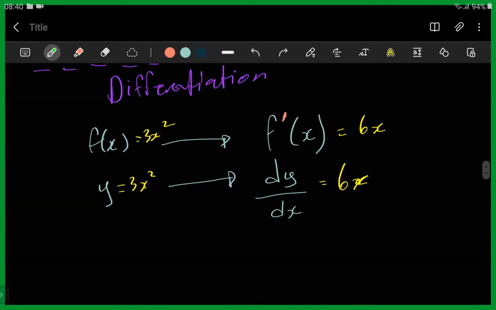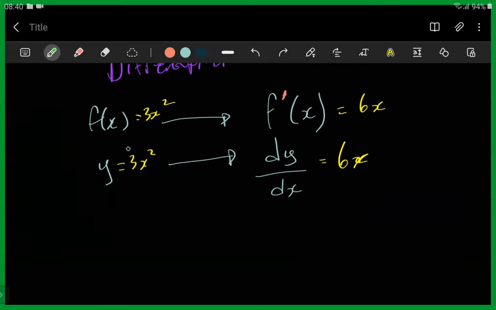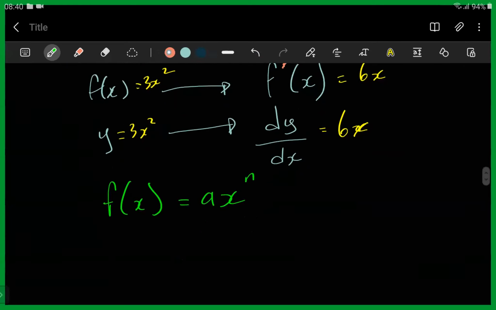But before going too deep into that, when you start with the equation, let's use f of x as an example. F of x, your equation, normally has a coefficient, a base, and an exponent. Now, this is where you learn the basics of calculus.